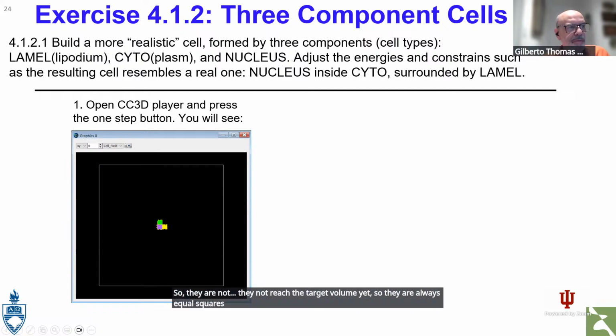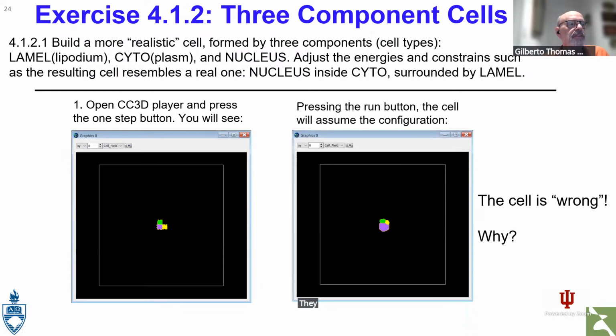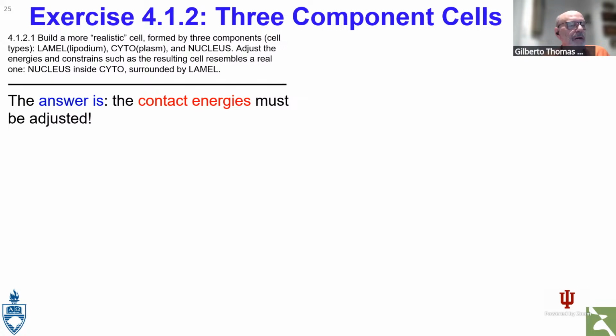If you put it to run, they quickly achieve this configuration. We're seeing the cell is wrong, because remember, we want the nucleus to go inside the cytoplasm. What are we going to change to fix that?